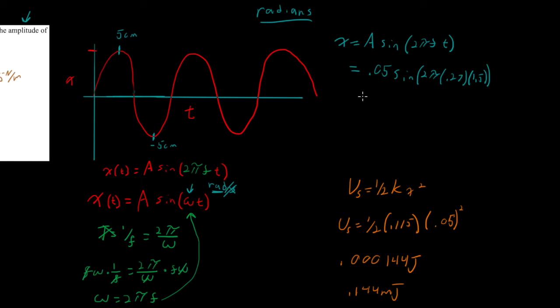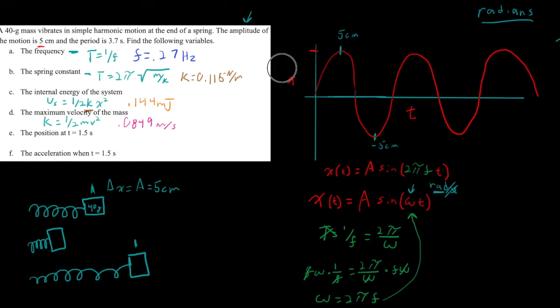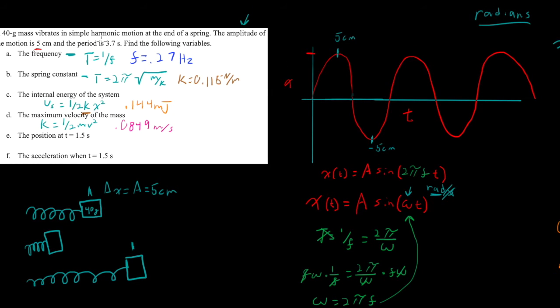And when I plug all of this into my calculator, I get 0.028, which means 2.8 centimeters. So if we look at this graph, 3.7 seconds being our period, that means right here, that's 3.7 seconds. So 1.5 seconds would be less than half of that. And so I'm probably going to be right around here.